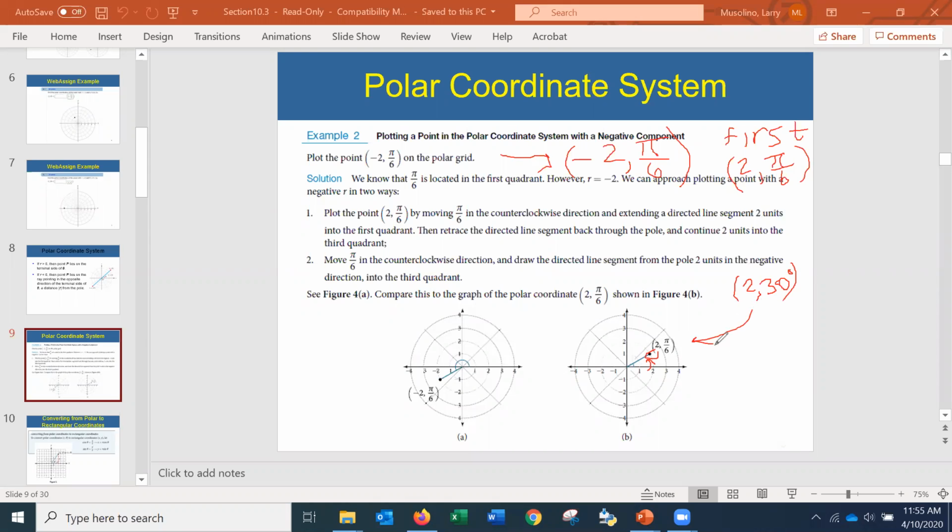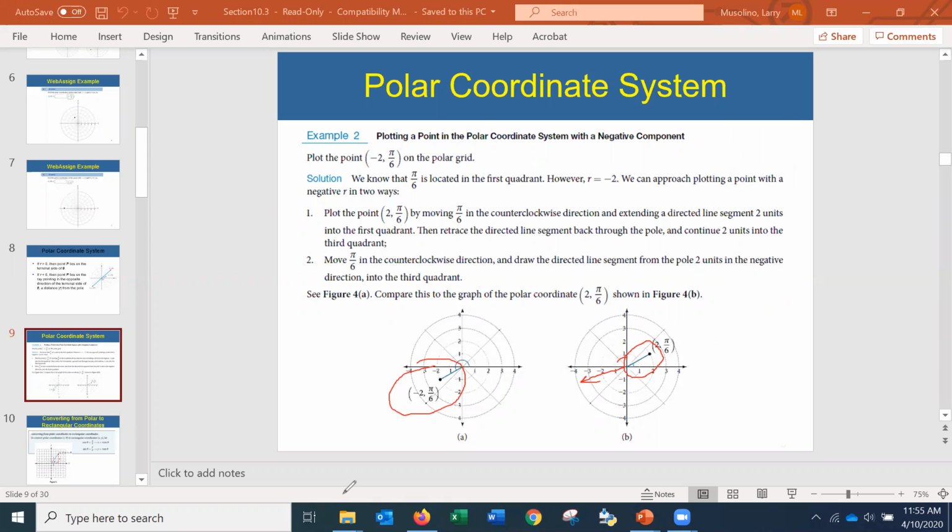But that's not really the point I want. Remember, I want -2 comma pi over 6. What negative 2 comma pi over 6 means is reverse the direction. So instead of drawing the blue line like this, have it go the other way and walk out a distance of 2, but in the exact opposite direction. So that takes me to this black dot.